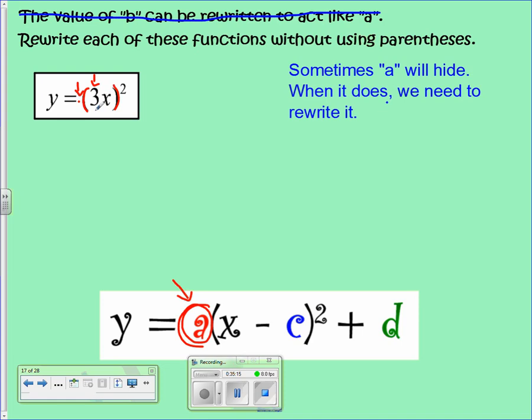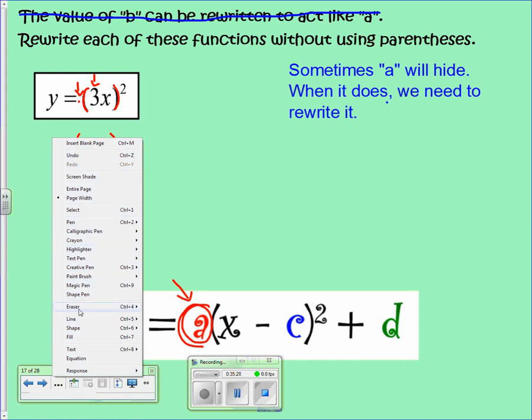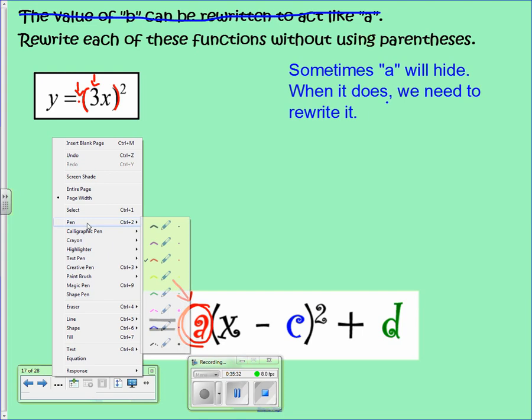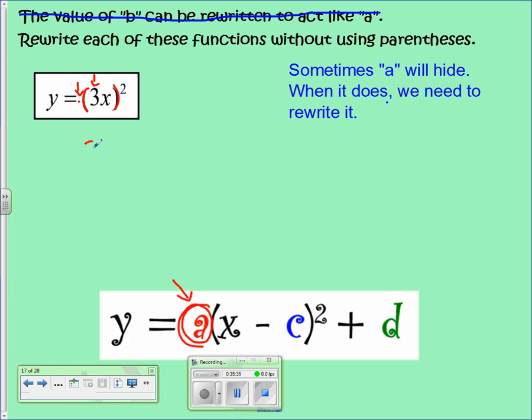Okay. So another way of saying 3x squared is 3x times 3x.